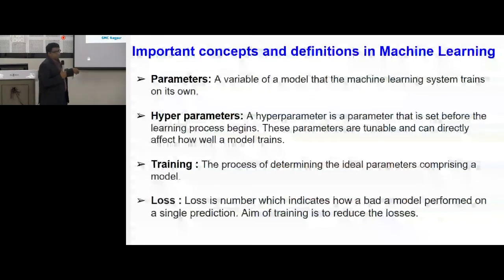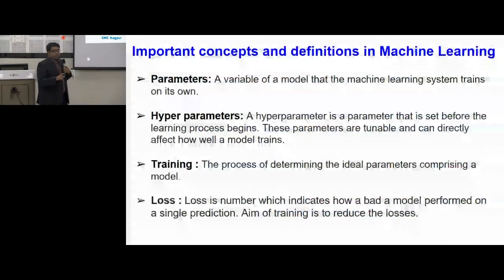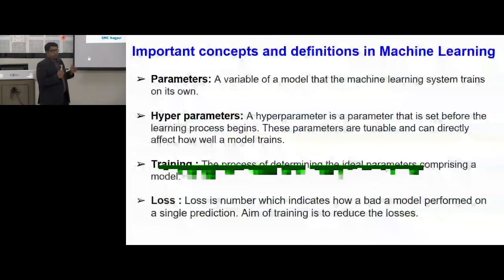Then another term is hyperparameters. Hyperparameters are set before starting the training process. There is a lot of data, so we need the data divided into batches. The batch size can be a hyperparameter, the number of batches can be a hyperparameter, and the learning rate can be a hyperparameter. We will come to understand what the learning rate is. These are defined before the training process starts.